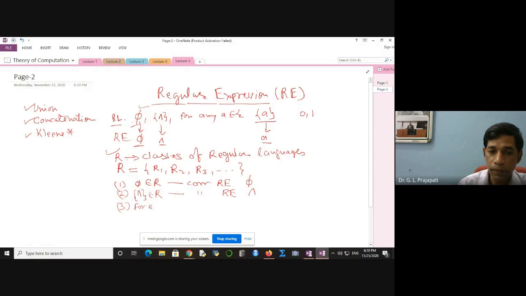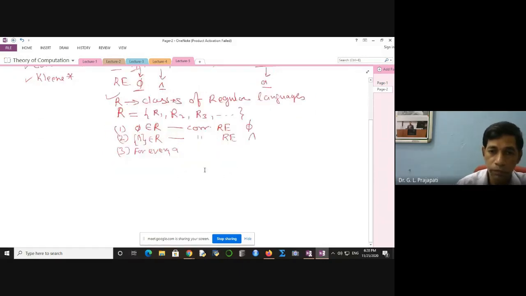For every A taken from sigma, the set {A} belongs to R, means this is a regular language, and in this regular language we have only one element of length 1, and the corresponding regular expression we can denote with the help of A.